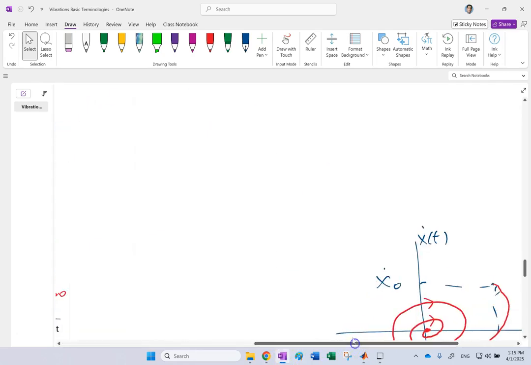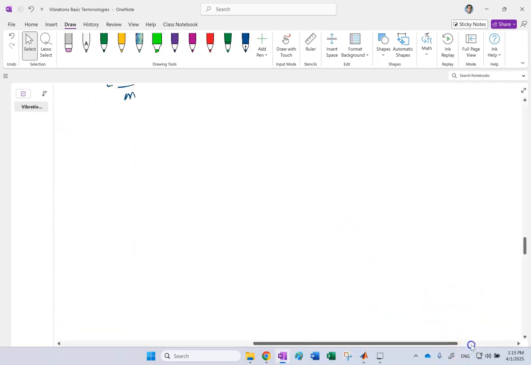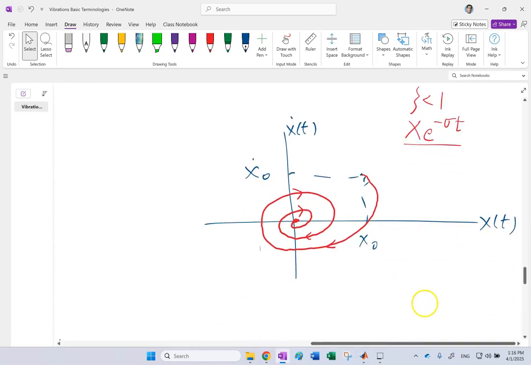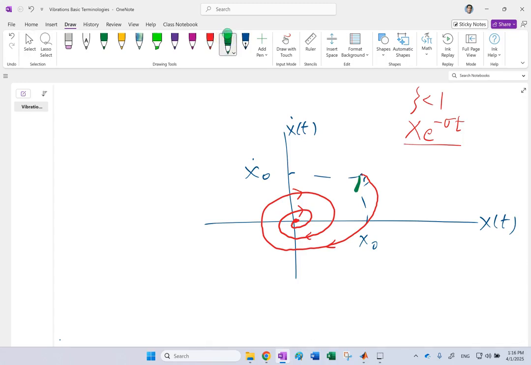So if you go back to this diagram here, in this case, you basically start here, and then boom, you go to 0. That's an overdamped response.